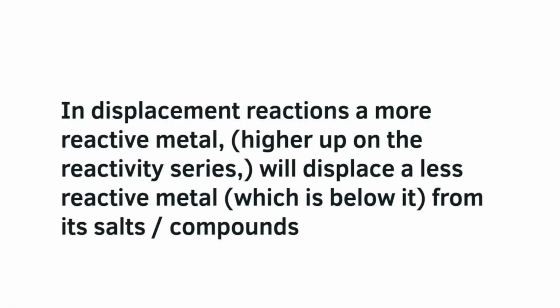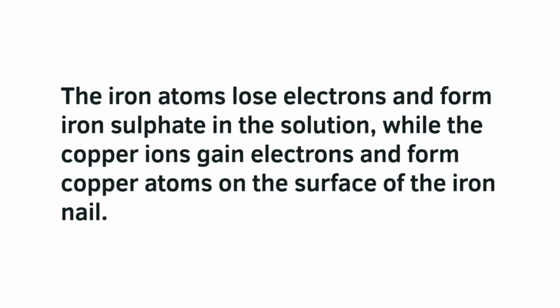So this is going to happen because when metals which are higher up in the reactivity series get into a solution or an aqueous solution which is the salt of a metal which is below it in the reactivity series, it is going to displace it or remove it from its salts or compounds.